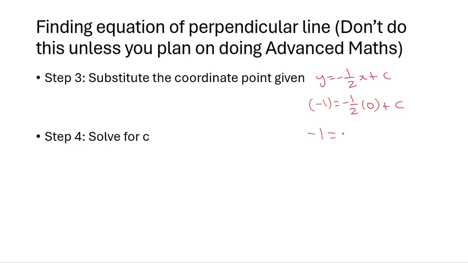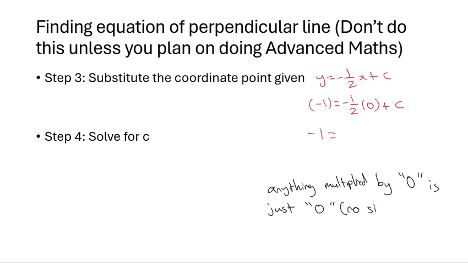Now -1 equals, just remember anything multiplied by 0 is 0. So this now becomes 0 plus c, and I end up with -1 equals c. Rewrite it the other way around: c equals -1, okay?